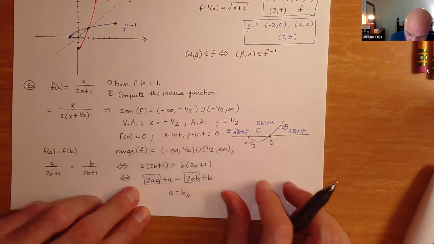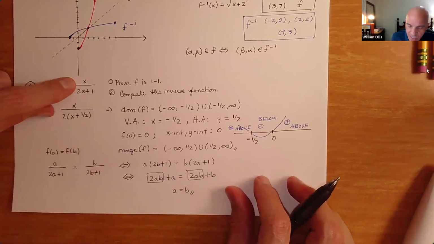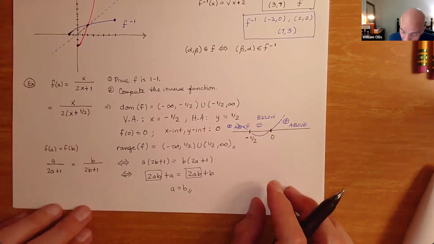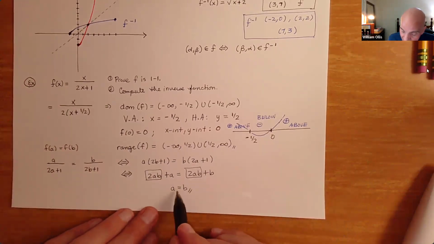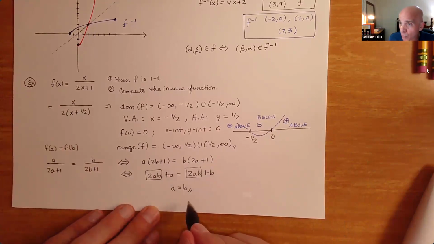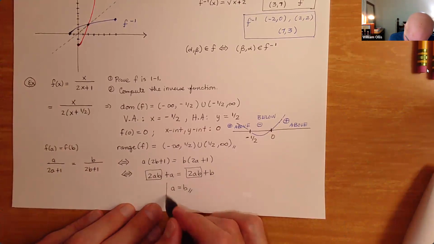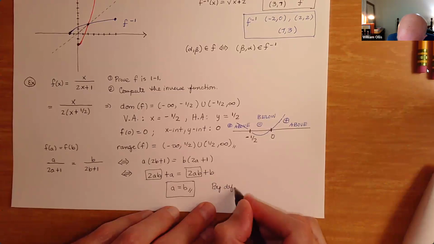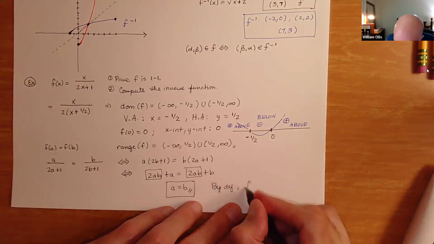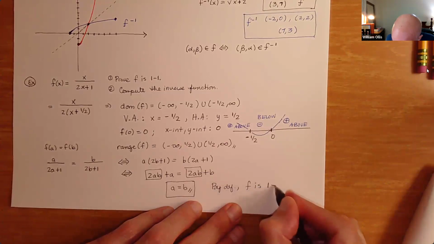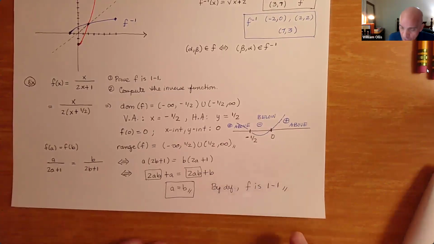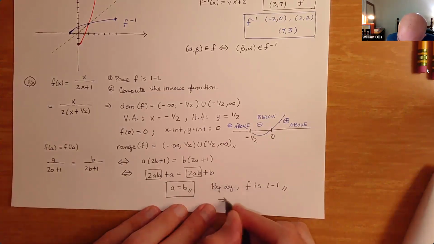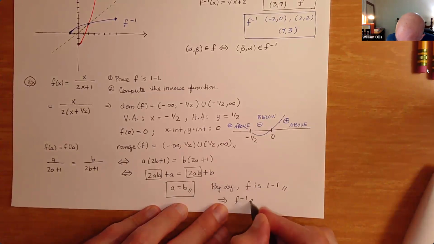So we exclude the horizontal asymptote, which is the case because we don't have any quadratics here, so we can't really double back. And the main thing about this is that since this is 1-to-1, it really does preclude that. So here, by definition, f is 1-to-1. So 1-to-1 functions are invertible. So this implies the reverse path, or f inverse, exists.